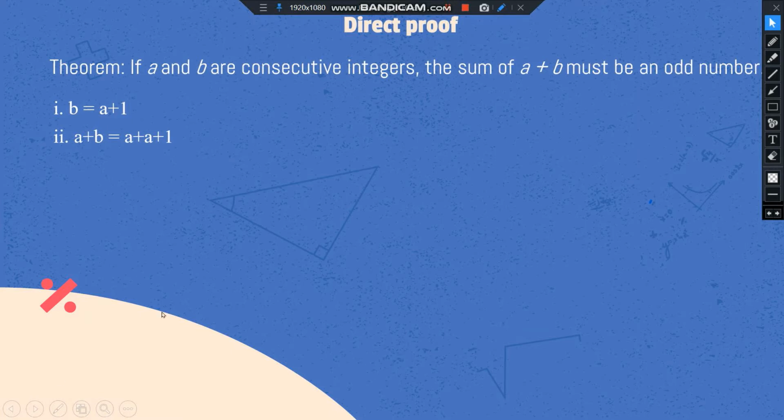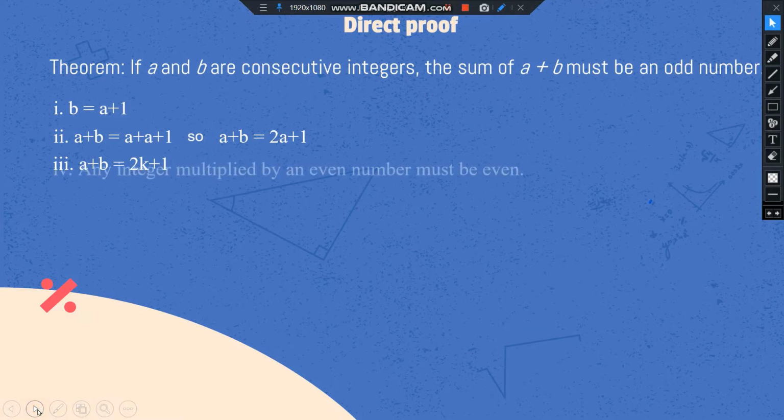The next step is to write the sum in a different way. So we are just going to write it using only one unknown variable, which is a. So a plus b, which is a plus a plus 1, in fact equals 2a plus 1. And this 2a can be replaced by 2k, k meaning any other variable we can define.